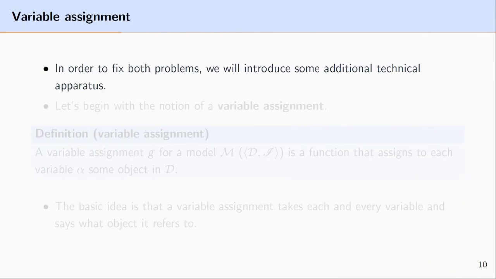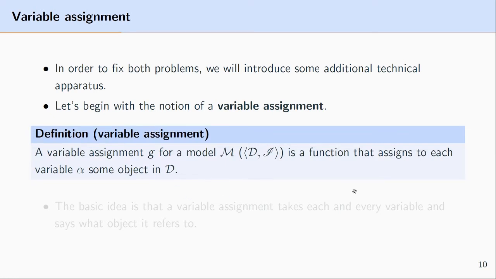So let's be a little bit more specific in how we solve these problems. And in order to do this, especially in the formal language of predicate logic, we're going to add some additional technical or artificial notation. So the first thing we'll do is start with a function or a concept known as a variable assignment. Whenever we want to make use of a variable assignment, we'll just indicate it as g.